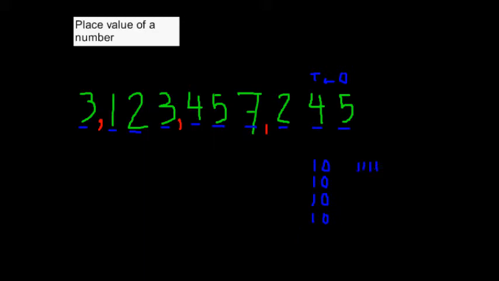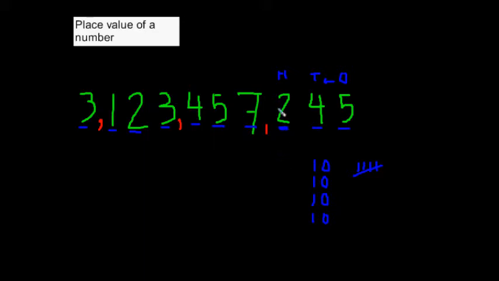Let's go with the next digit. The next digit is hundreds. I'm going to write an H in this place value because it's hundreds, and it means 2.